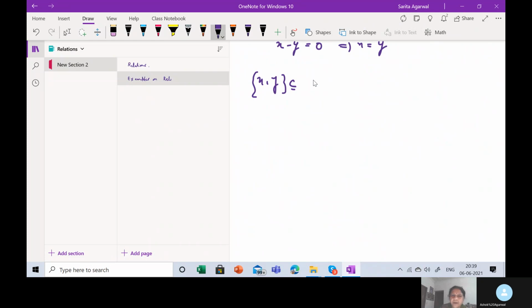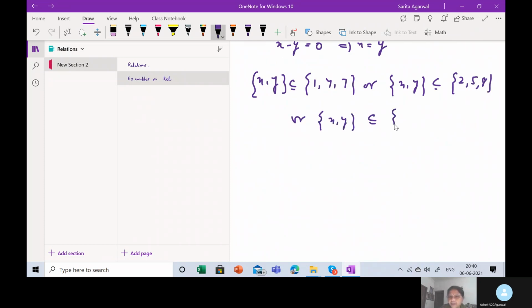So that means xy can be chosen from 1, 4, 7, or xy can be from 2, 5, 8, or xy can be from 3, 6, 9. Right?